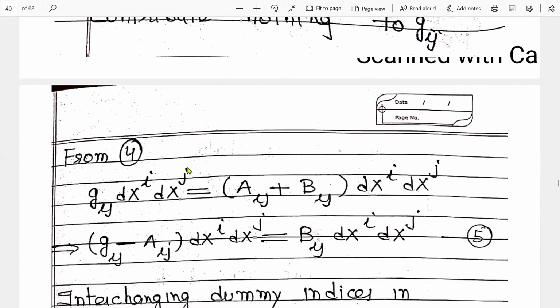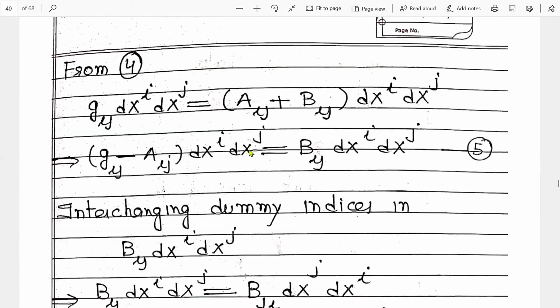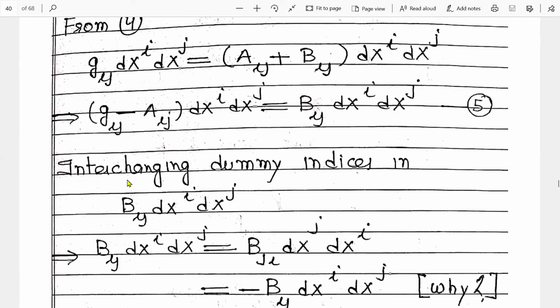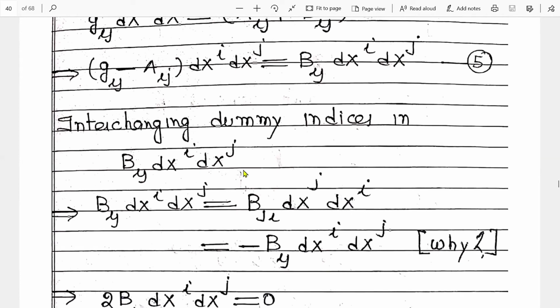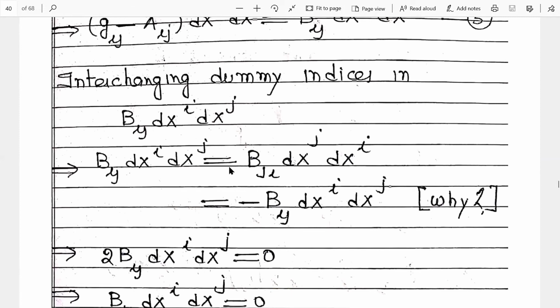So from equation 4, from this equation, we can write it as Gij dxi dxj. Substitute the value of Gij, we get these values. Now taking Aij to the left hand side, we get these values. Now interchanging dummy indices in Bij dxi dxj, this will become Bji dxj dxi.